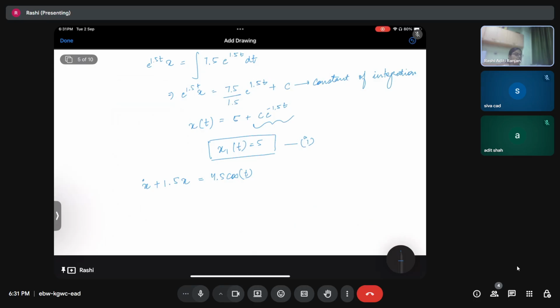Now, first I'll discuss some theory. I'll not go into depth much, but if you look into the textbook also, you're going to find this equation.